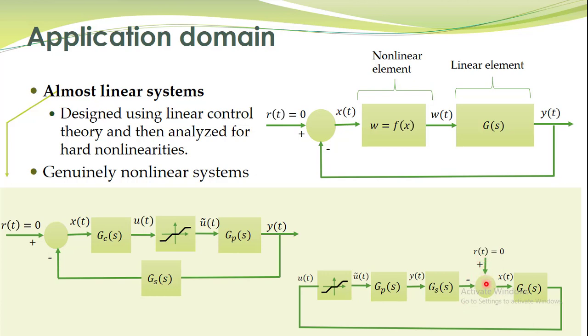A reference signal is subtracted by another signal. The reference signal subtracted by another signal generates x of t. So we have this x of t, and then this is multiplied by GC of s, and then you can verify that we have the same loop, which is this one, only we have redrawn it.